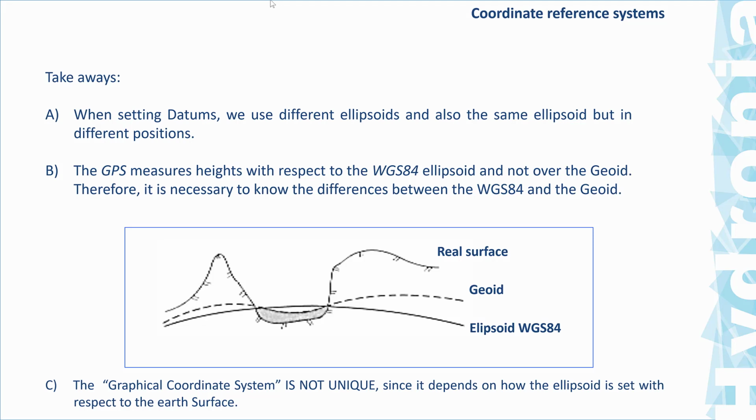Also, we need to remember that any GPS that obtains its position from satellites measures the heights with respect to the WGS 84 ellipsoid. So this WGS ellipsoid is the standard modern common datum for the whole Earth's surface.